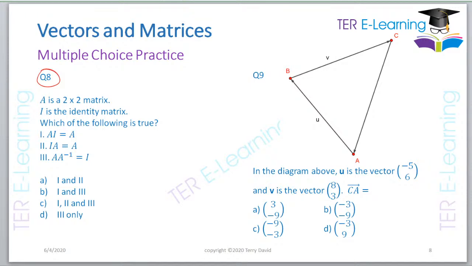All right, so I'll wait till I get some more answers for question 8. A is a 2 by 2 matrix and I is the identity matrix.